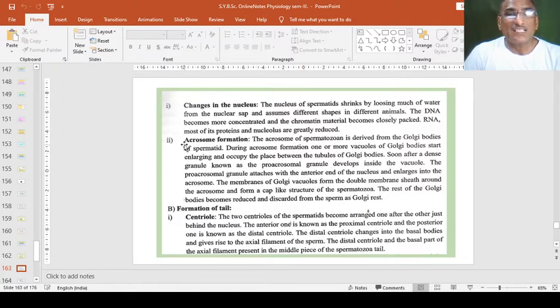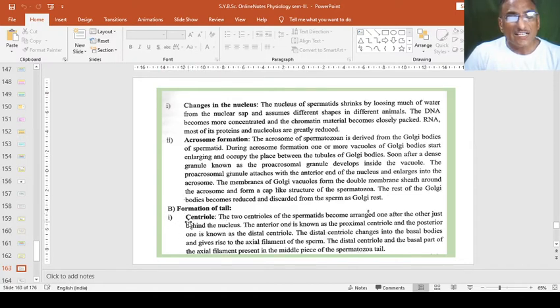That is called the acrosome, which helps to dissolve the wall of the ovum for the entry of the sperm, so that fertilization occurs. Whatever material remains after formation of the acrosome is called the Golgi rest. So, in first, the formation of the head and the acrosome, and second, the formation of the tail.